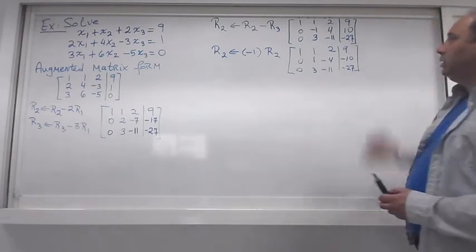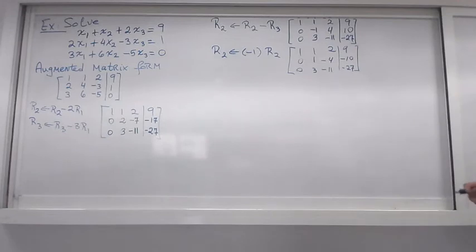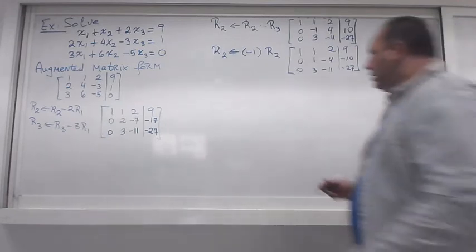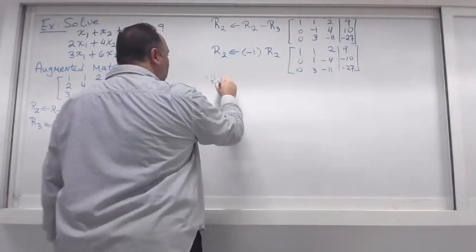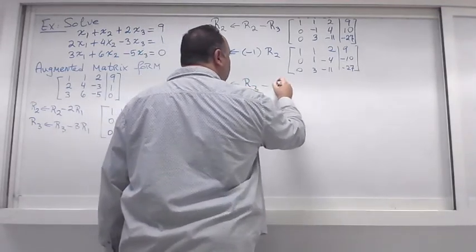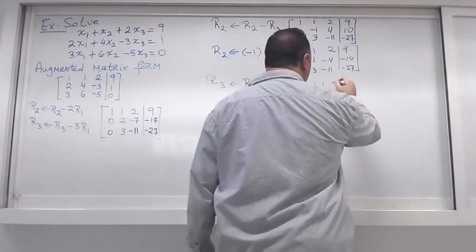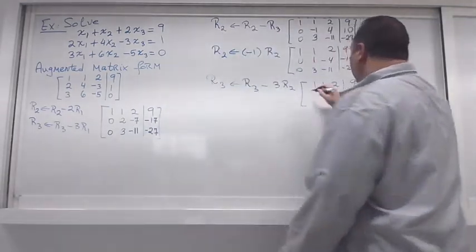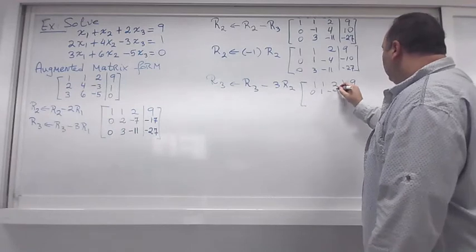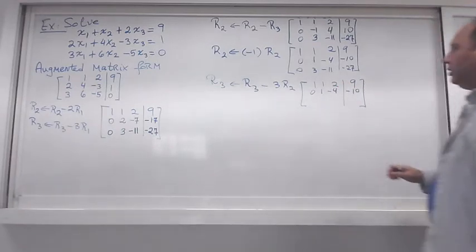So I introduced these 2 operations to get 1 as my leading entry, and now I can use it to further kill the entries in row 3. So the first row doesn't change now, the second row will not change. Be careful when you copy right.